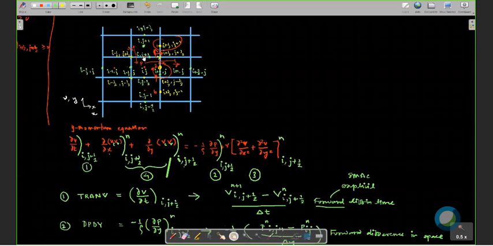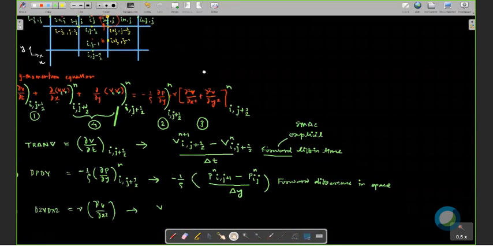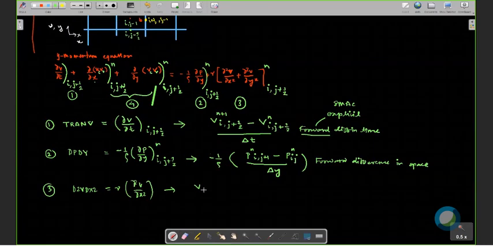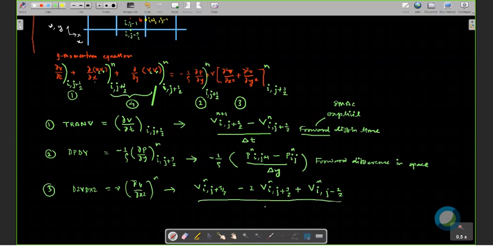This is your center point and velocities are only available at faces. So j plus 3 by 2, j minus half, that you will have to consider. V I, j plus 3 by 2 minus twice V I, j plus half plus V I, j minus half, all at nth level, divided by delta x square. Central difference.